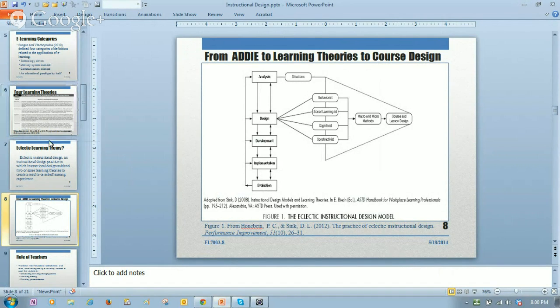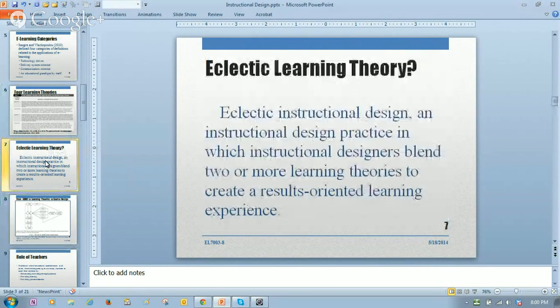Going back to this slide where I talked about the eclectic learning theory, that it could be more than one. So there's an opportunity to do further study in that regard and to test the eclectic learning theory. The authors Hohenbein did a study on this.